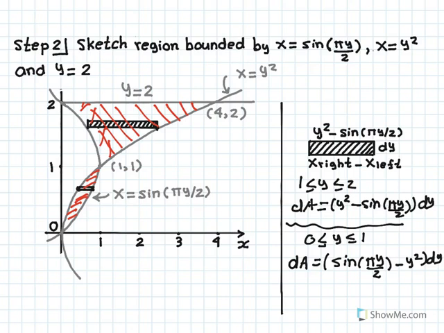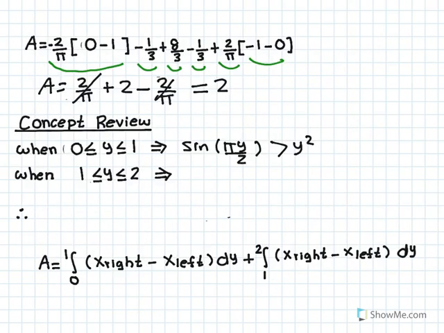And similarly, when y is between 1 and 2, you can see the x value corresponding to the parabola y squared is larger than the x value that corresponds to the sine function, sine of pi y over 2. All right, so for when y is between 1 and 2, the x value corresponding to the parabola is larger than the x value corresponding to the sine function, sine of pi y over 2.